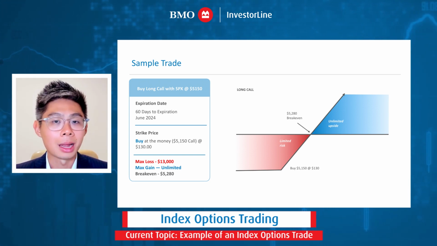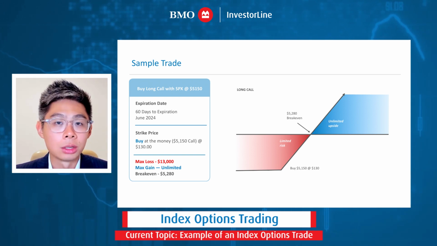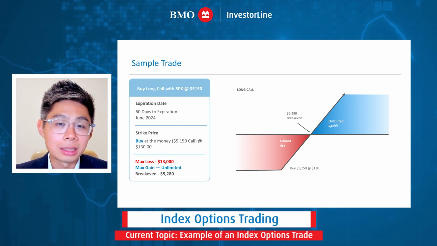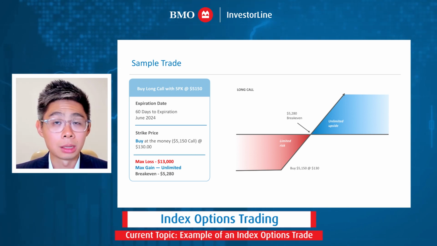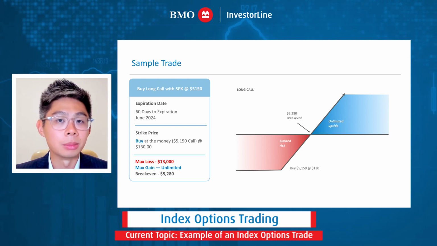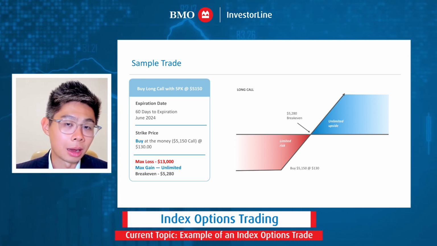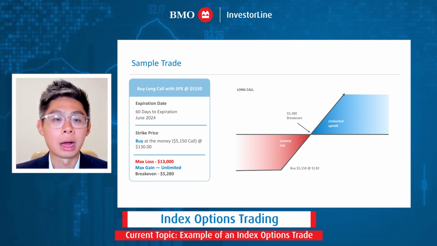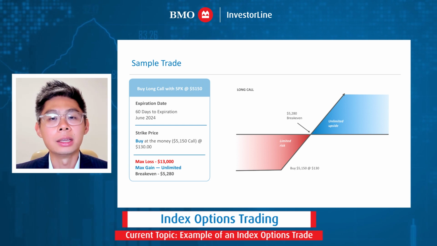There's no limit as to how high a stock or an index can rise. So a call option in this particular case has unlimited upward potential, while my risk is limited to $13,000 per contract.